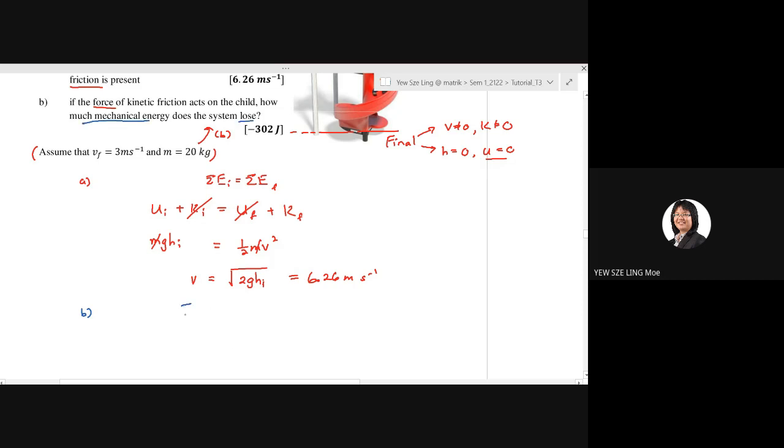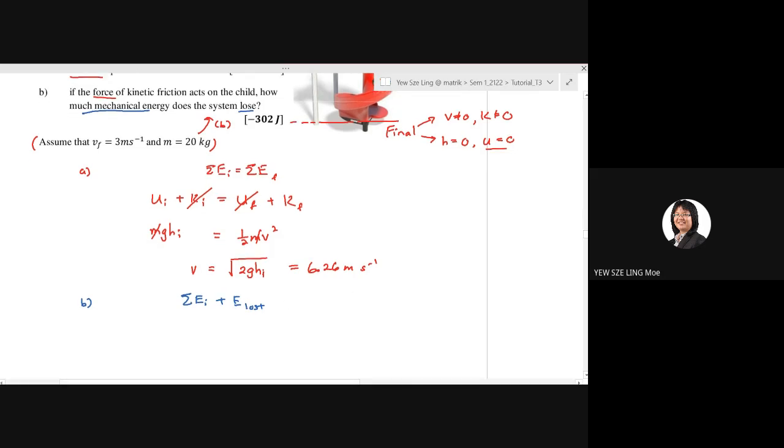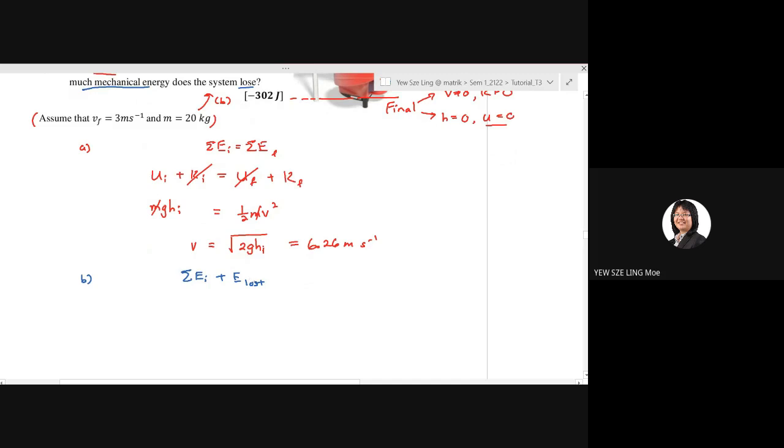So sum of E initial, now remember, because you're looking at energy loss, you need to add the energy loss. Initial energy minus energy loss will then give you the sum of E final.